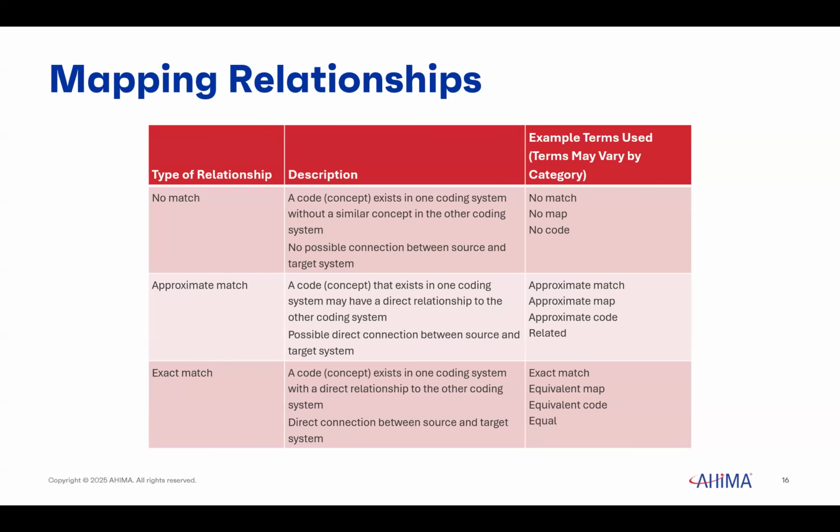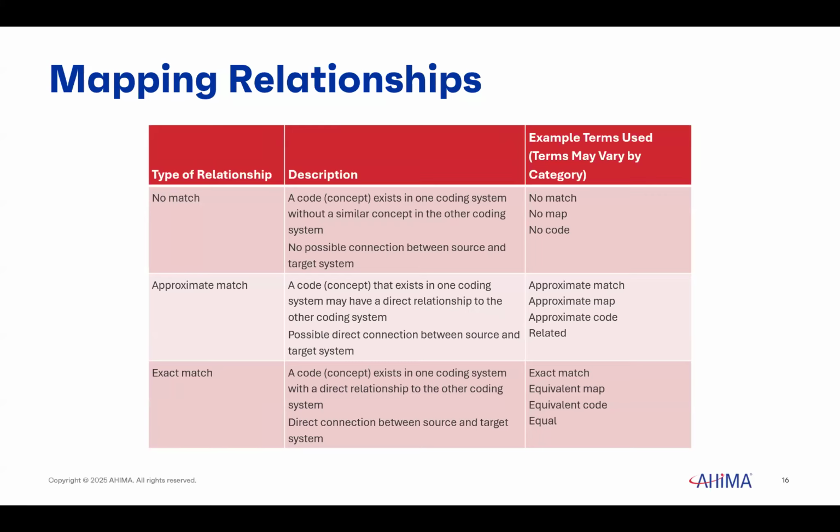And again, in our earlier slide that we talked about mapping cholera to SNOMED, there are different types of relationships. In the earlier example, we had an exact match, but we could have things that don't match. For example, if we were to map ICD-10-CM codes for hyperplastic thyroid cancer to ICD-O, hyperplastic thyroid cancer, there is no exact match.